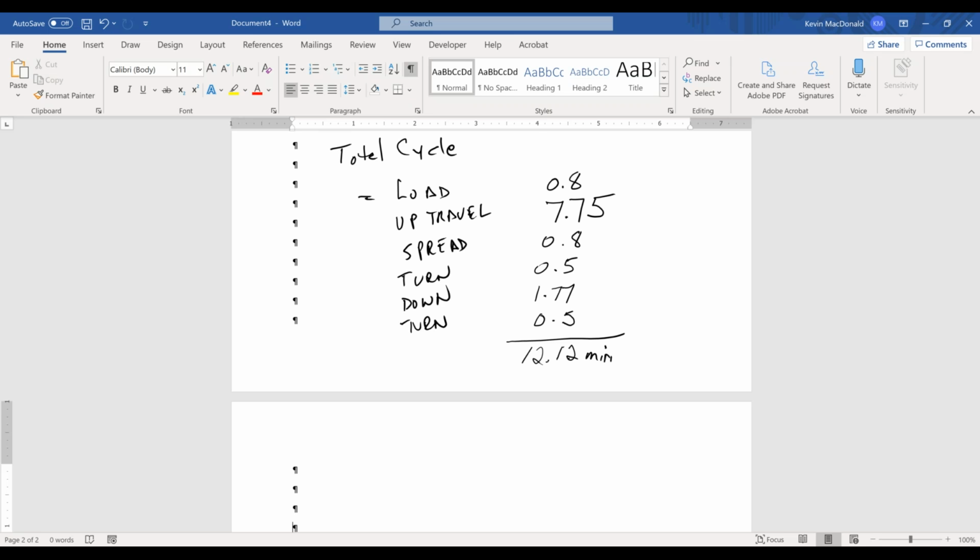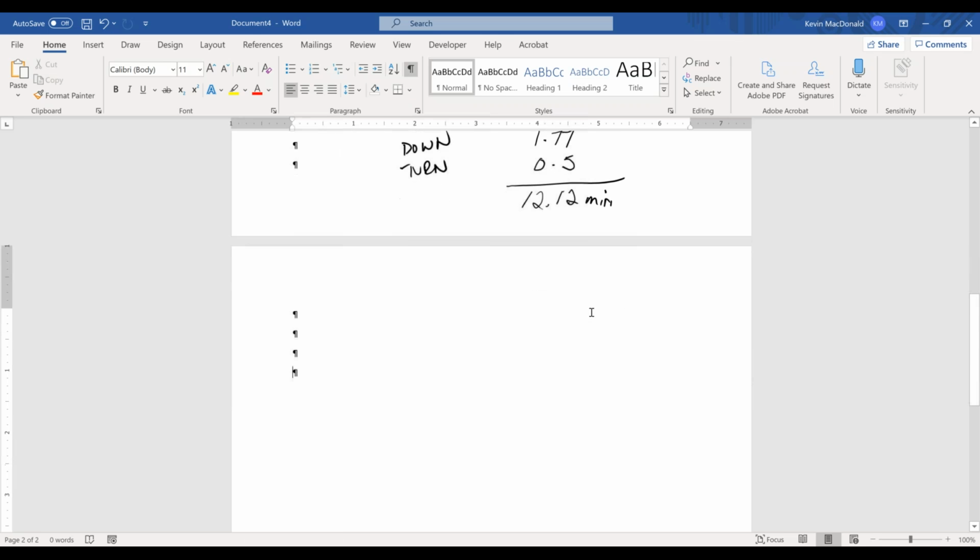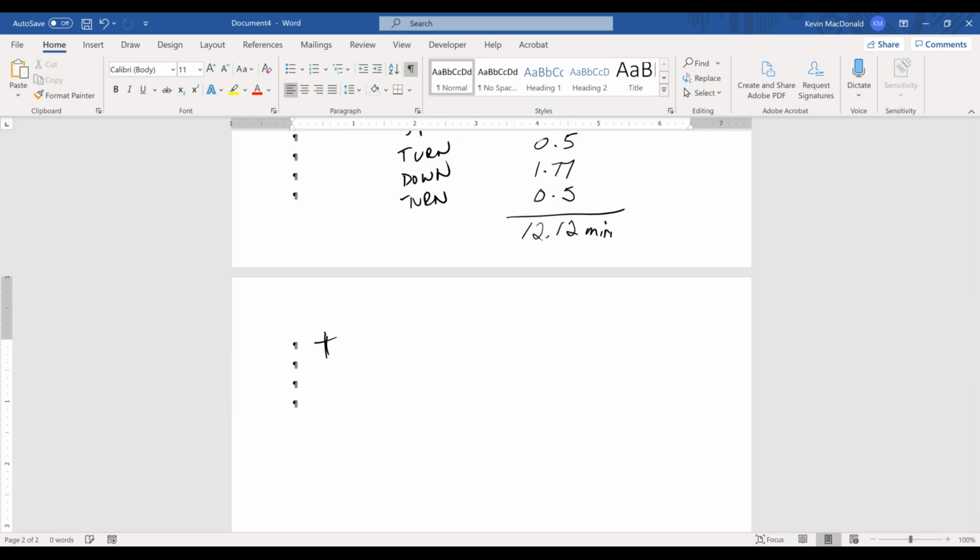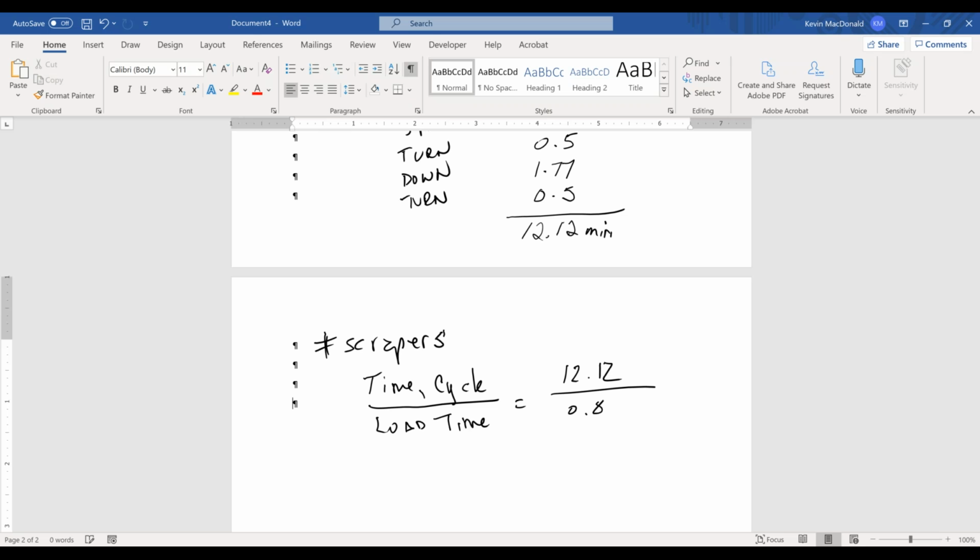Now, we can figure out the number of scrapers that we need. That we're going to be able to do by saying that if this is our time for the complete cycle, if we divide that by our load time, so this is 12.12 minutes divided by 0.8 minutes is our load time, because they have to load at a particular point, we can now run through and figure out how many scrapers we're going to need. 12.12 divided by 0.8.